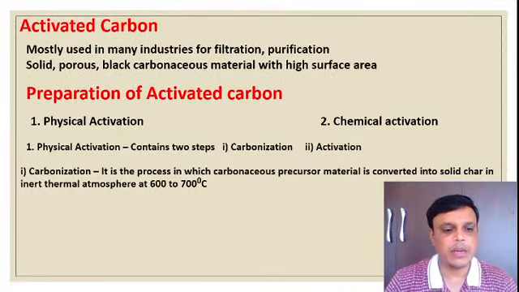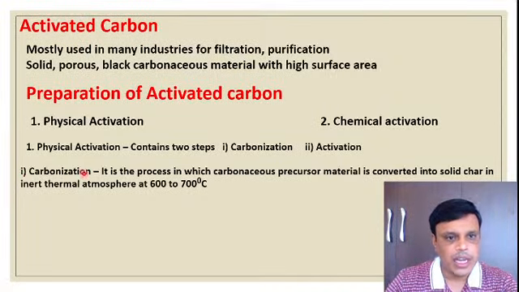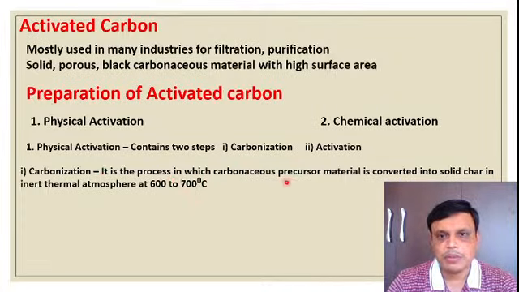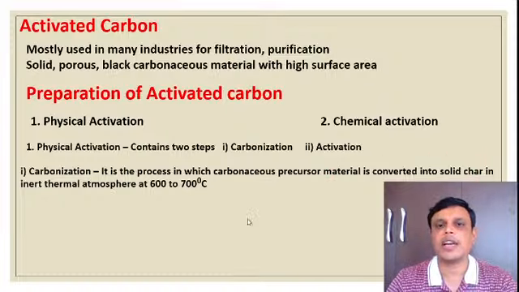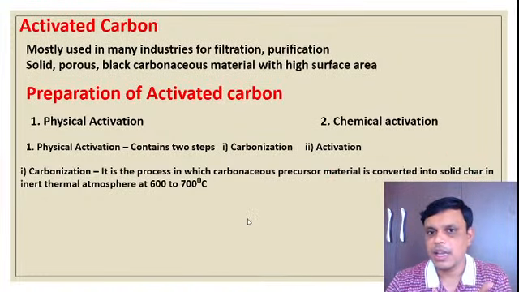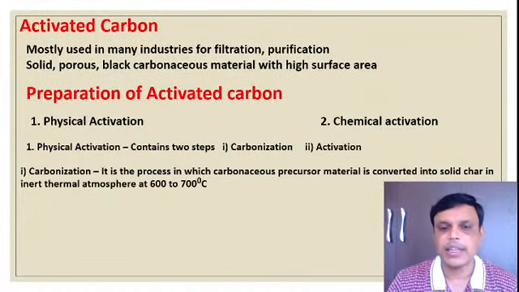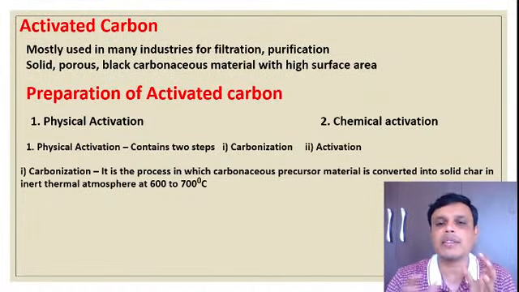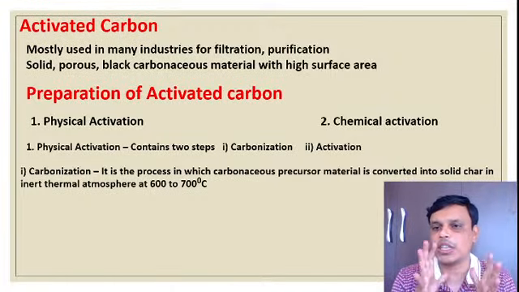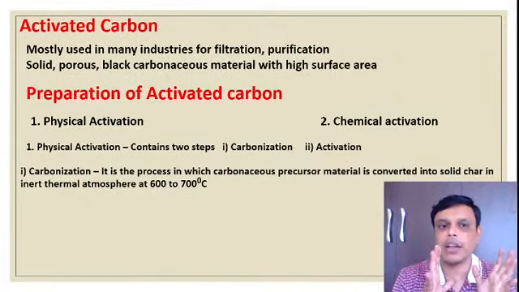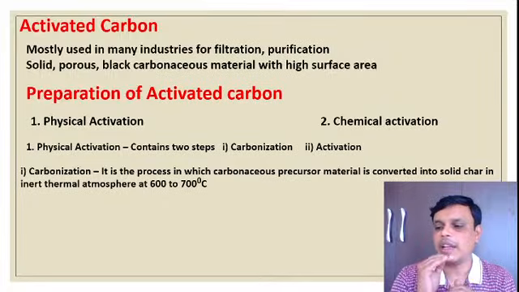Carbonization is the process in which carbonaceous precursor material is converted into solid char. Why is it called a precursor? Because it is the starting material. So the carbonaceous precursor is converted into solid char in an inert atmosphere and at very high temperature.